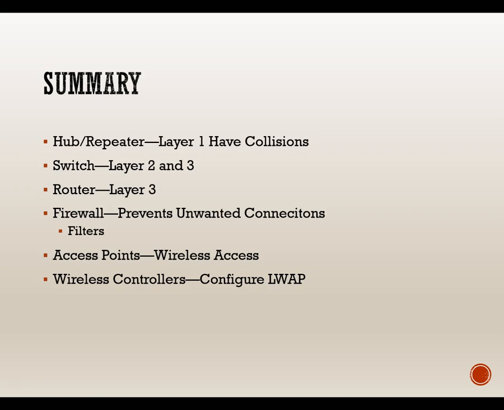They start out in the world as actual layer 2 switches, but we can modify them with commands to allow them to route, switching on IP address, so that they can be a layer 3 device, just like a router. Switches route in hardware; a router routes in software. And then firewalls prevent unwanted connections and have filters.